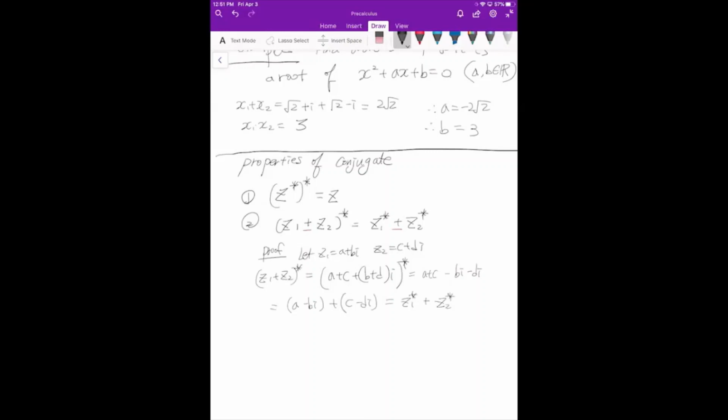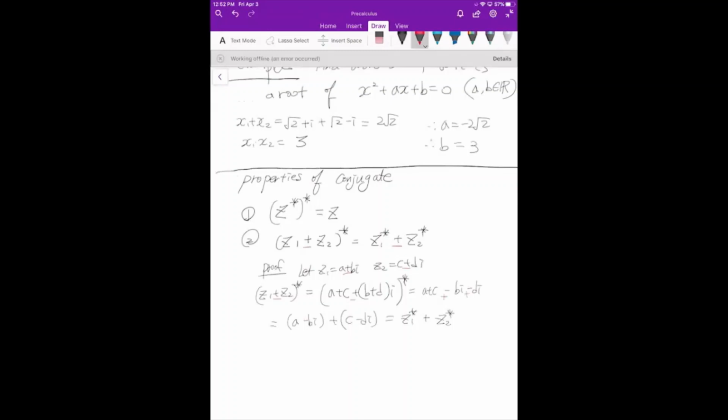You can prove it with minus signs as well. If I put minus signs here in red, it's exactly the same proof, just thinking differently. Sorry, what I meant is putting opposite signs for each, like that.